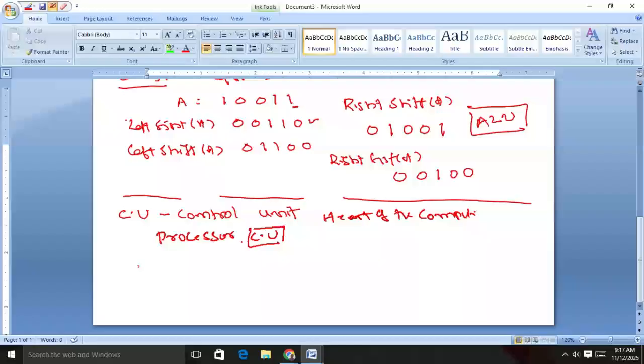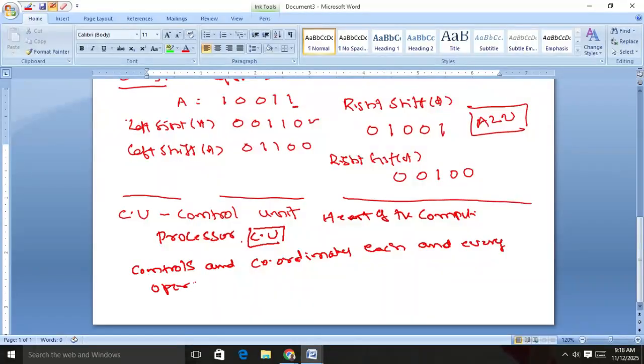The control unit controls and coordinates each and every operation within the computer.